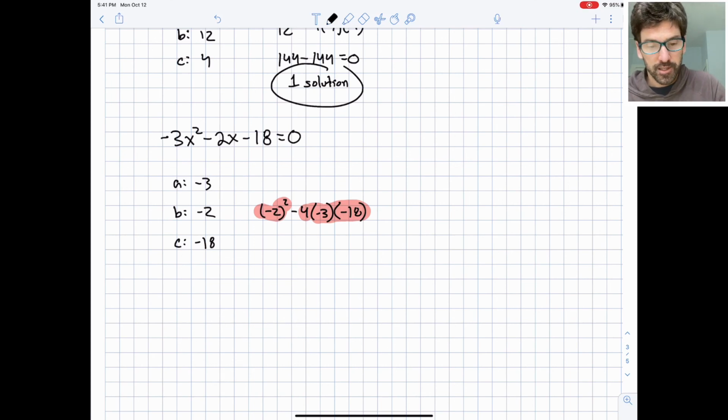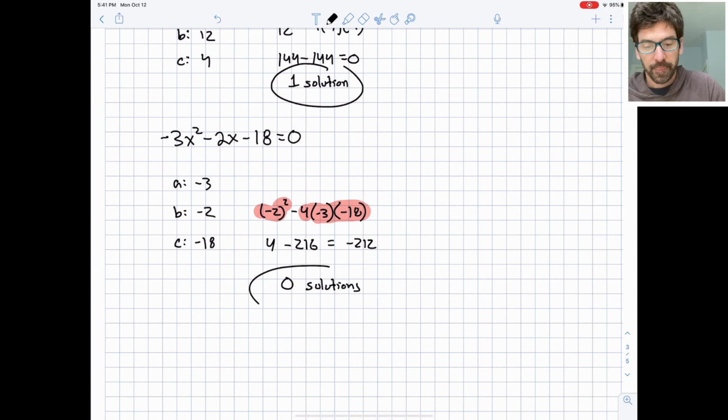So b squared is going to be 4. We have a subtraction. 4 times negative 3 times negative 18 is 216. So the answer to the discriminant is negative 212, definitely less than 0. So there will be 0 solutions to this quadratic equation.